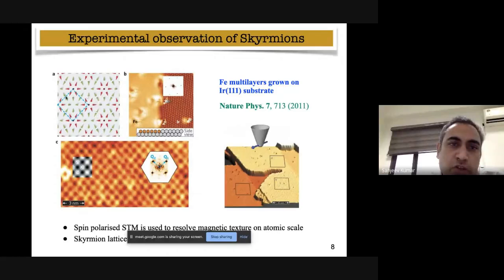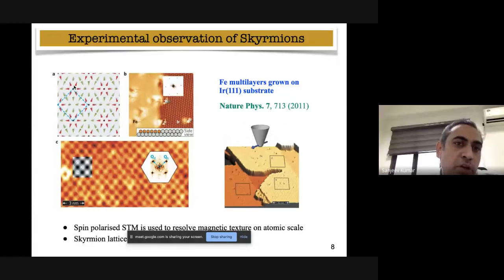And this is the picture that one comes up with after doing this STM experiment. As you can see, there are these objects. This is a spin which has no component in plane; it is completely pointing up. Then as you go outside, the spins start pointing in plane, and then they turn down and so on. So this is actually what is called a skyrmion lattice.